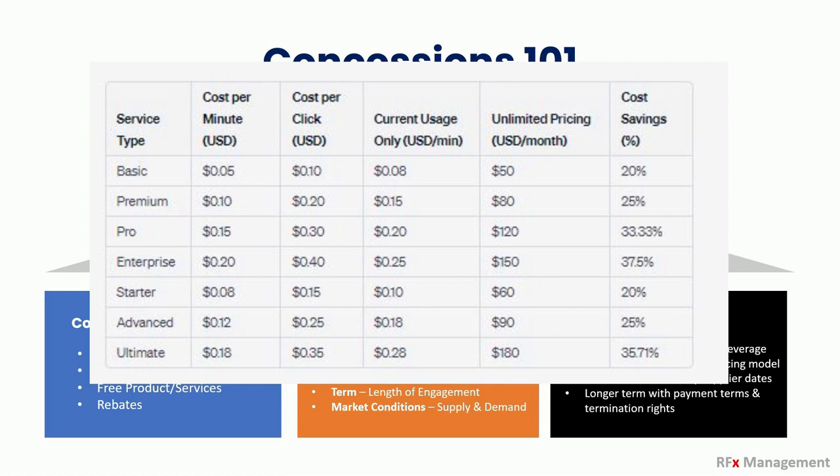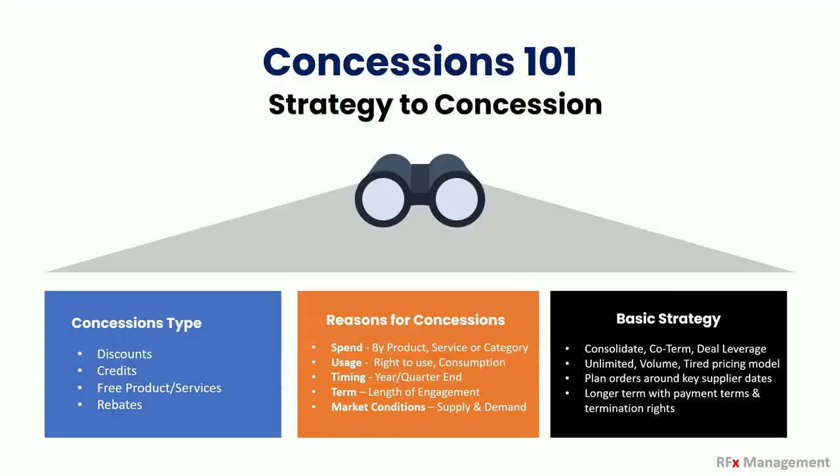It may behoove you to enter into an unlimited, all-you-can-eat type of engagement that could provide cost savings for your organization. So it's best to take a look at your need and your demand, and figure out where you are trending. Maybe an unlimited model would be more sufficient.